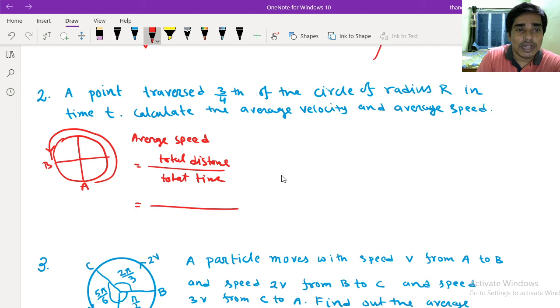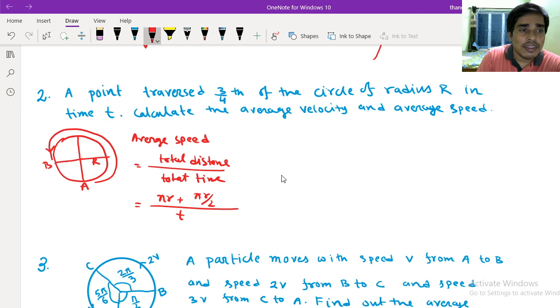Here the total time is t, and the total distance is, suppose this is r, pi r plus pi r by 2.